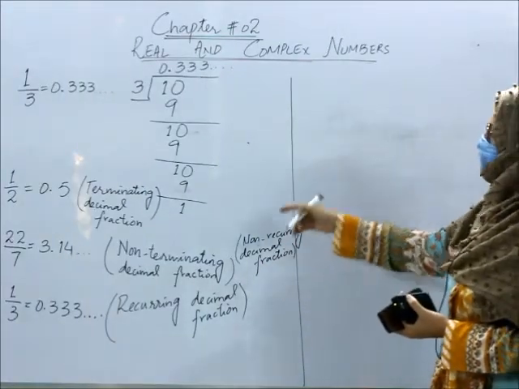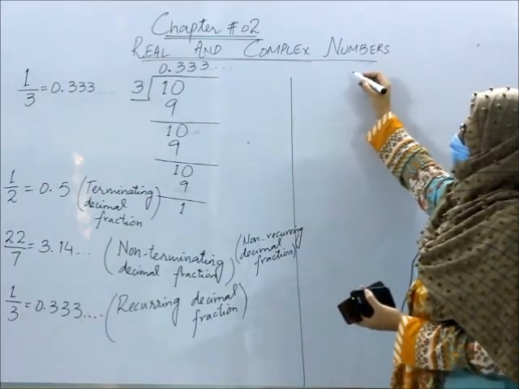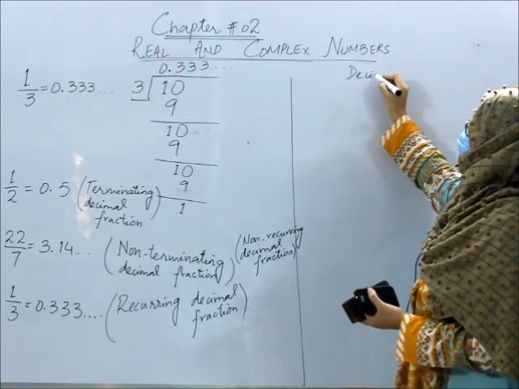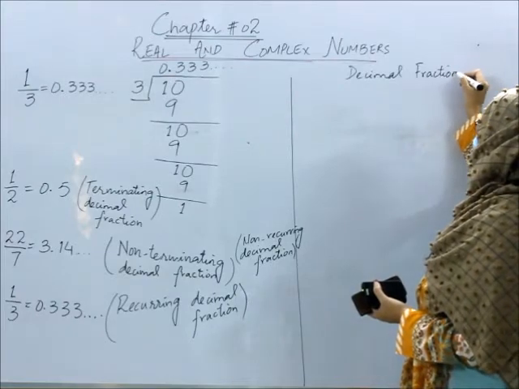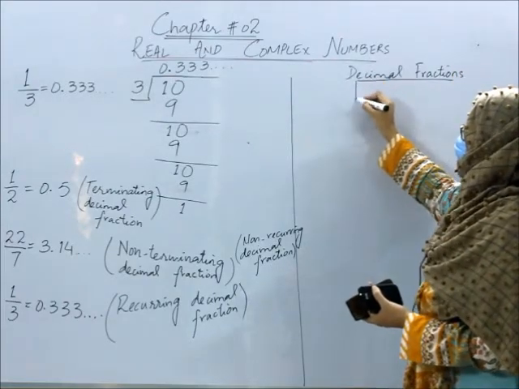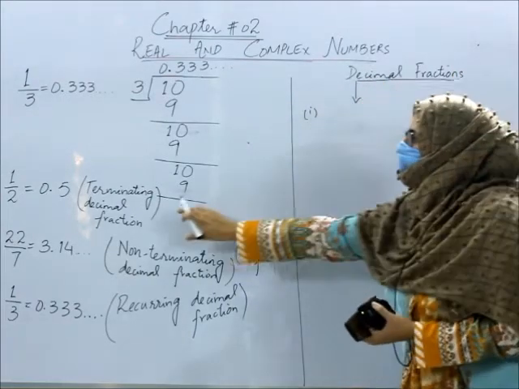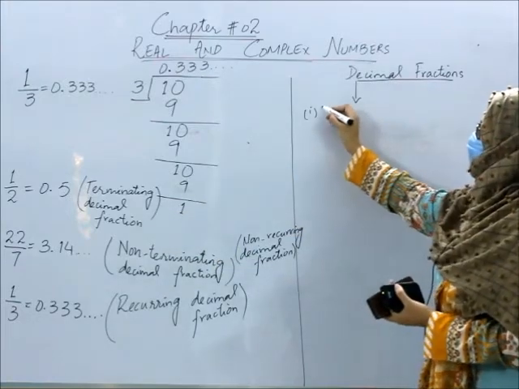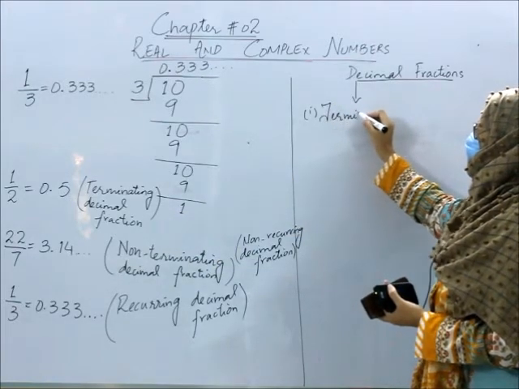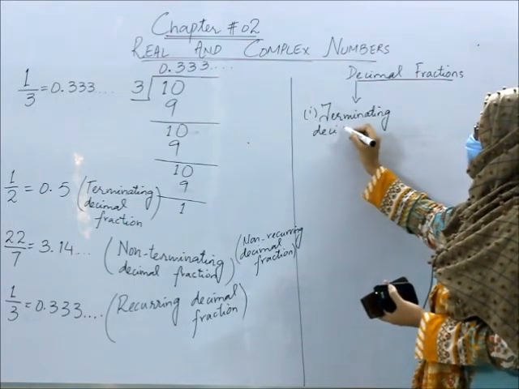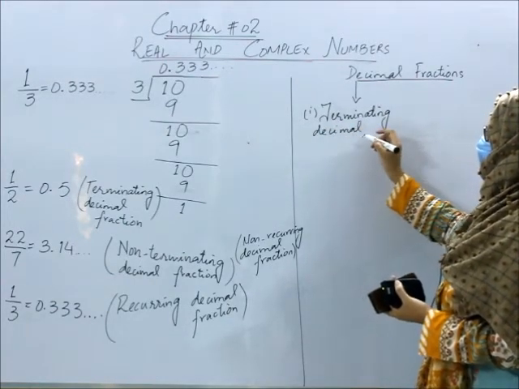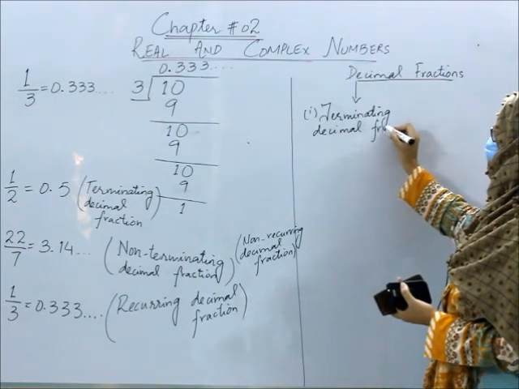So now we can classify decimal fractions into two main types. The first type is called what? Terminating decimal fraction. And what are terminating decimal fractions? Those in which the number of digits after the decimal point will stop or terminate.